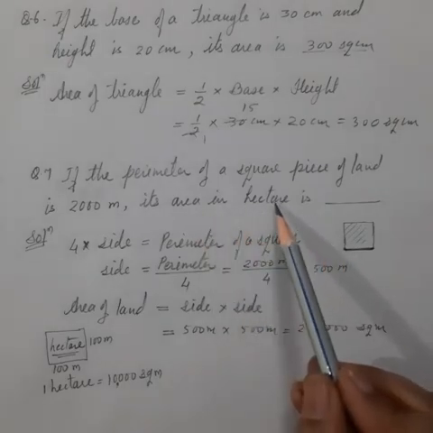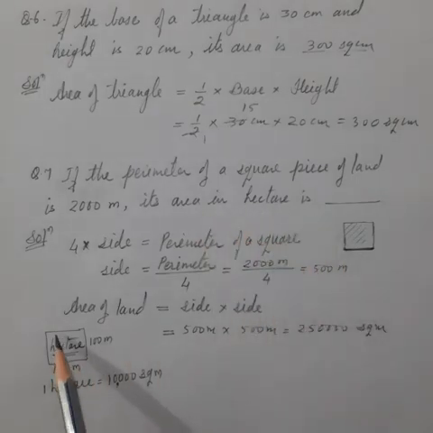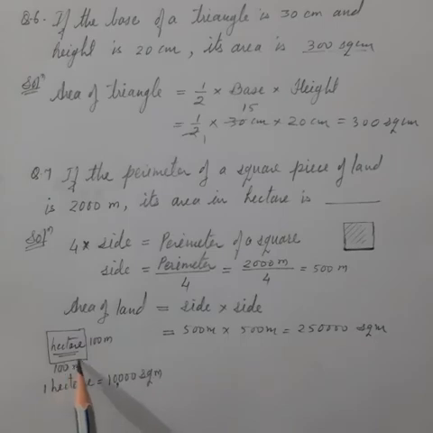But area is wanted in hectare. The area of a square with side 100 meter is 1 hectare. So 100 into 100 meter, 10,000 square meter. 1 hectare is equal to 10,000 square meter. But here we have to convert square meters into hectares.